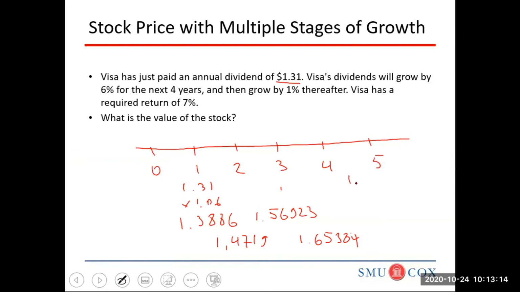So 1.65, I'll round it here, times 1.01. So that's the dividend in year 5, growing at 1%. And then what does the perpetuity formula say? You divide next year's dividend by the discount rate minus the growth rate. So what are these numbers?